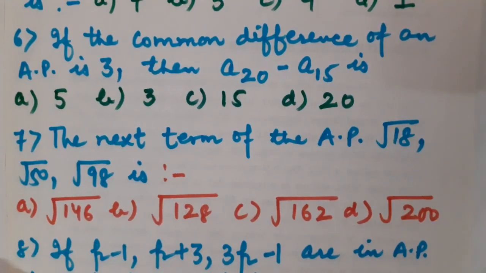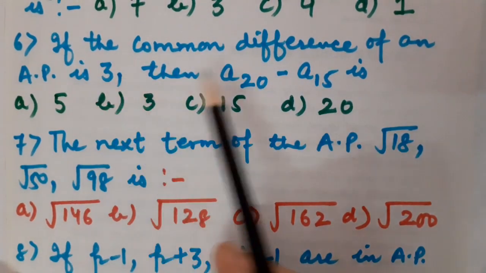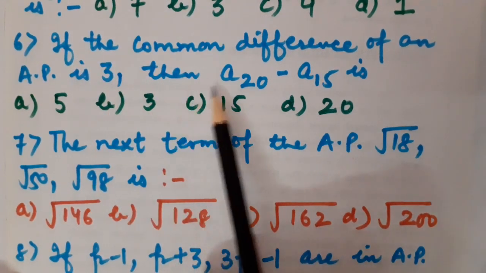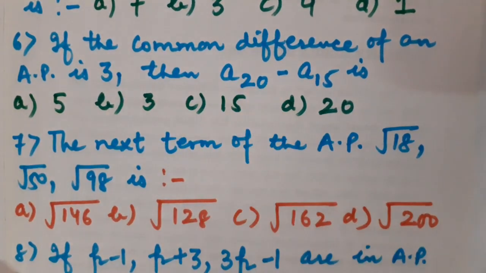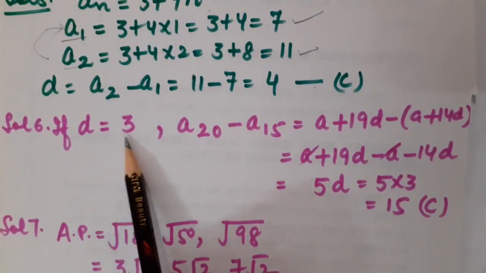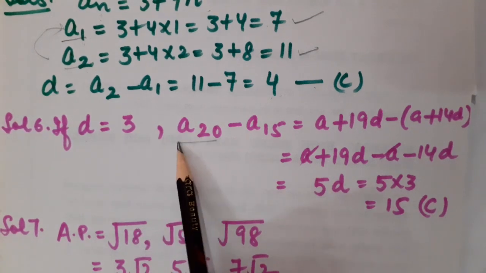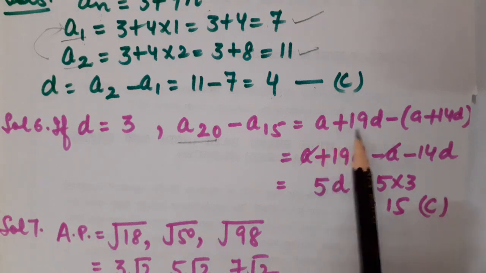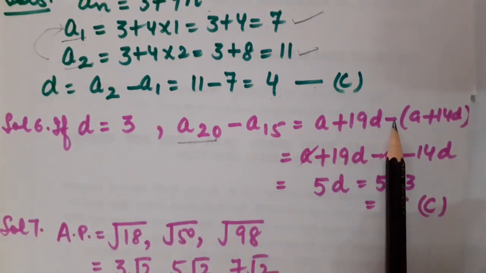Now children, the sixth MCQ is, if the common difference of an AP is 3, then you have to evaluate A20 minus A15. Its solution is: D, that is the common difference, is equal to 3, given. Children, you know how can we write A20 using the generalized form? That is A plus 19D. This minus will remain outside.